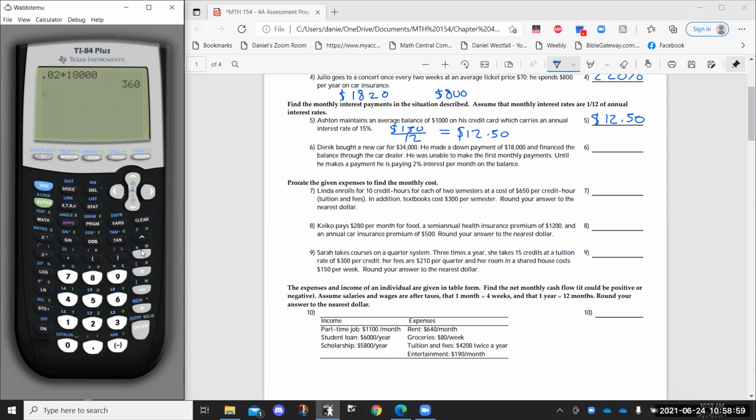Sorry, not 18,000, clear. He's got 34,000. He made a down payment of 18,000. So this is not part of the debt anymore. We've got 16,000 left times the 2% annual rate and that gives us $320.